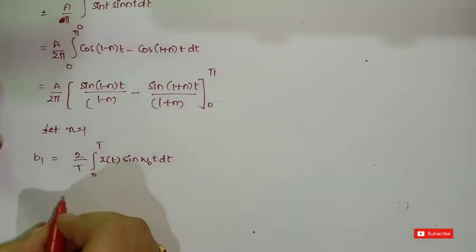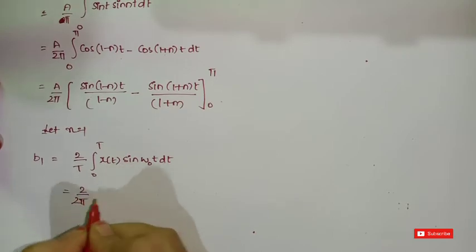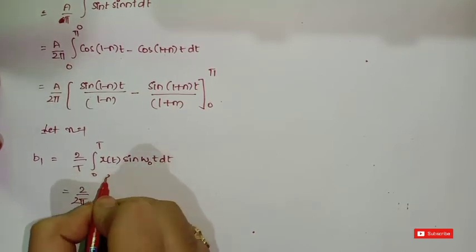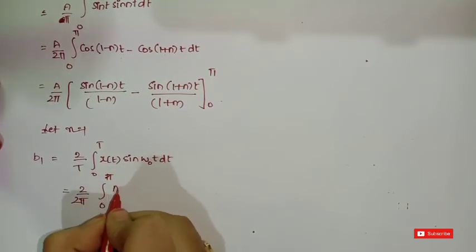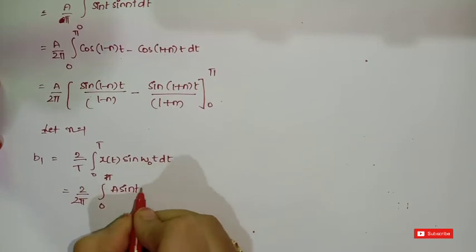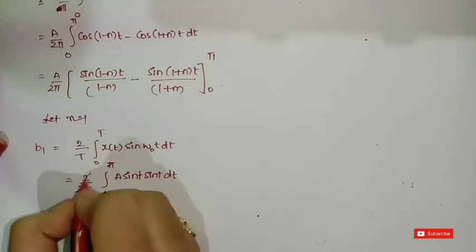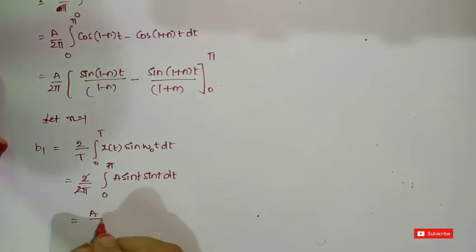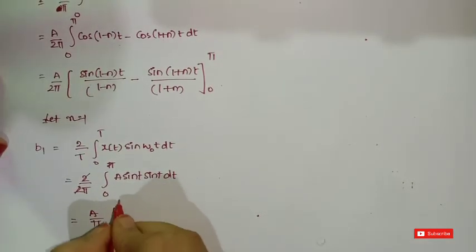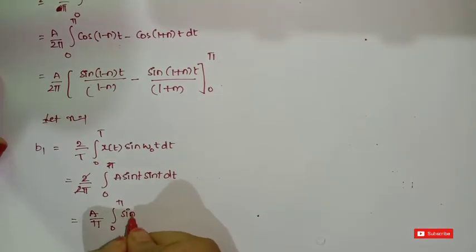This can be written as 2 by 2 pi integral 0 to pi, x of t is nothing but a sine t, into sine t dt. 2 gets cancelled, and it is a by pi integral 0 to pi sine square t dt.